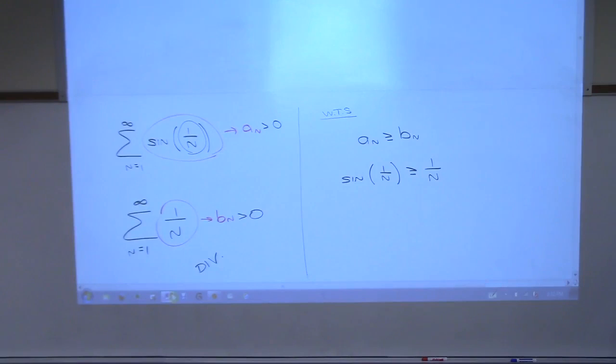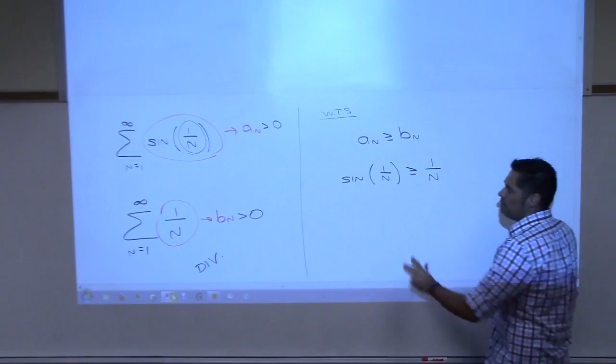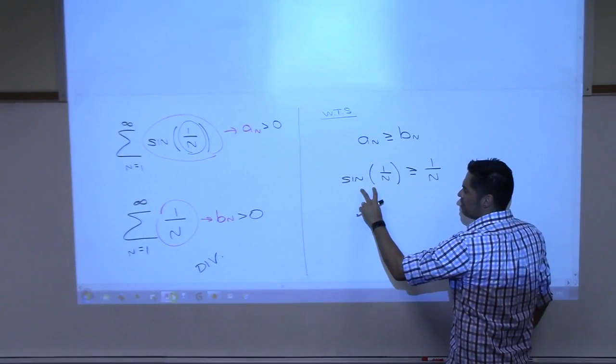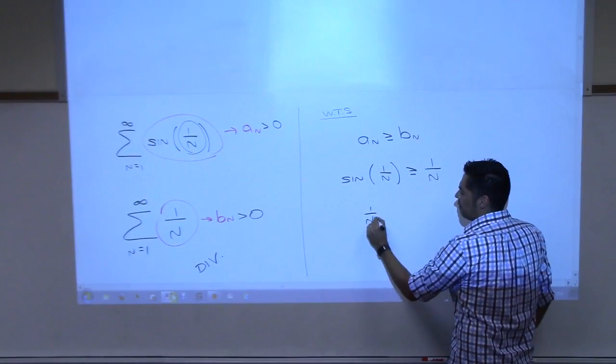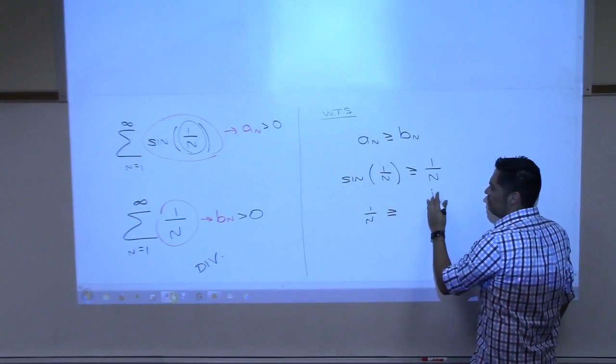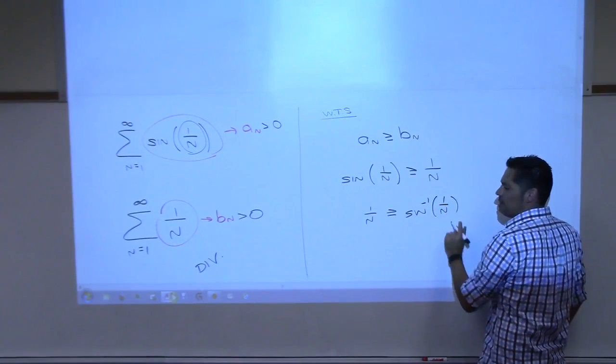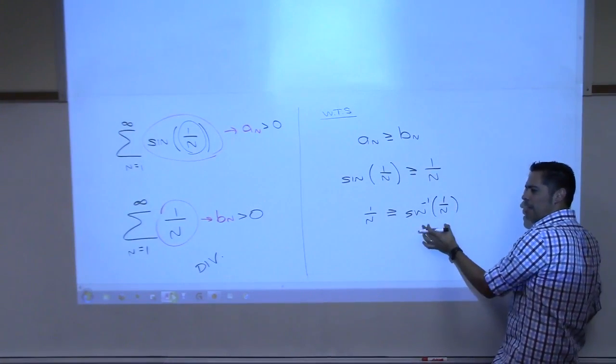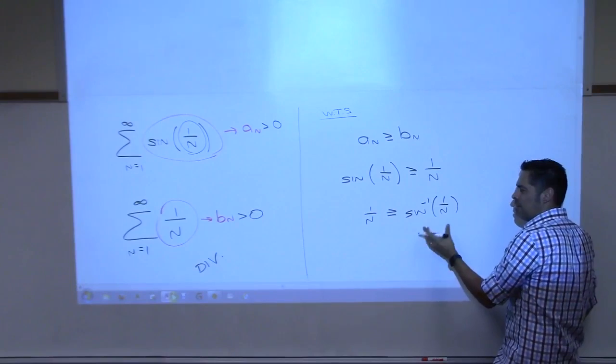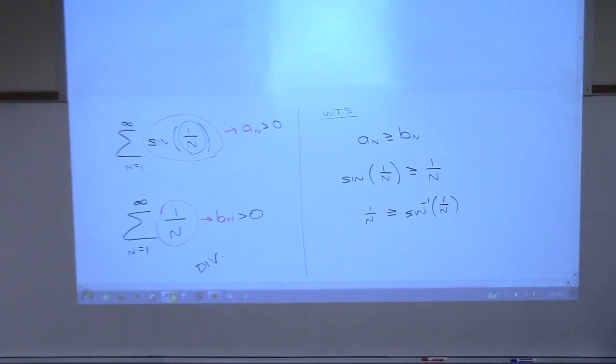Is sine of 1 over n bigger than 1 over n? You could do arc sine, but if you do arc sine of this side, you're just going to get 1 over n, and if you do arc sine of this side, you're going to get arc sine of 1 over n. I'm not sure that makes your life any better because you've trapped the n on this side also. So not necessarily getting us anywhere.